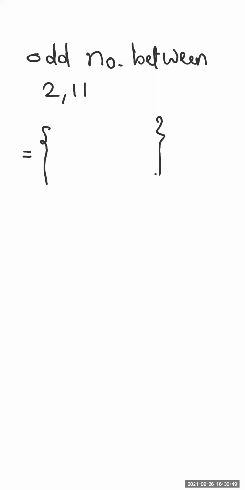So what are the odd numbers between 2 and 11? Of course, 3 and 5 and 7 and 9. So the elements between two braces, and write down a comma between every two elements.